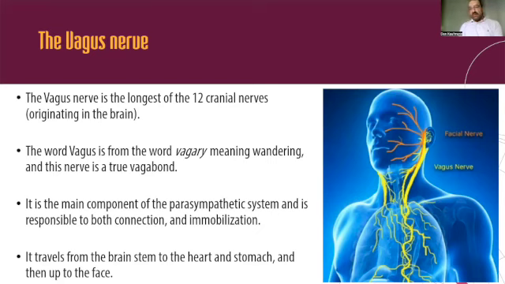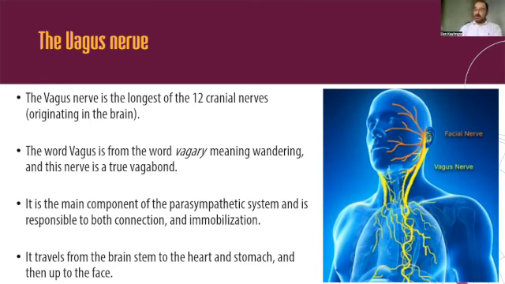When we talk about polyvagal, the vagus nerve is the most important part of the autonomic system. The vagus nerve is the longest of the 12 cranial nerves, and its name, vagus, came from the word vagary, like wandering. You can see by the picture that the vagus nerve pretty much travels all over, so it's like a vagabond.